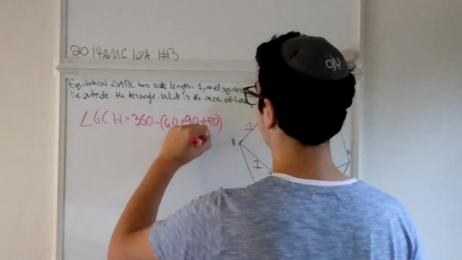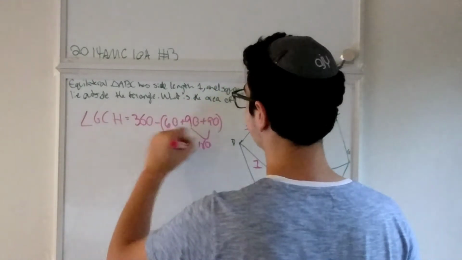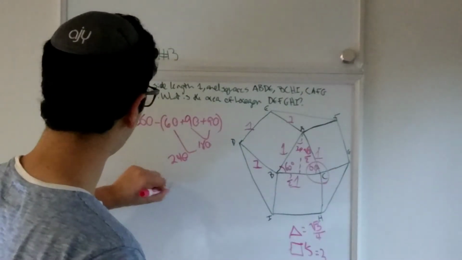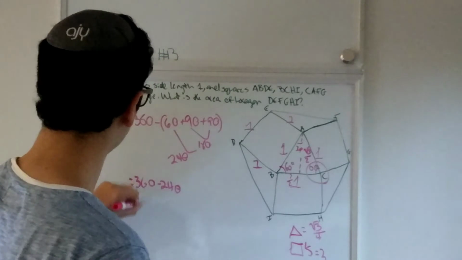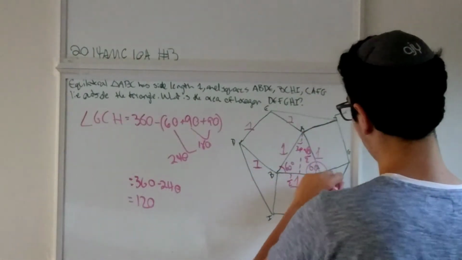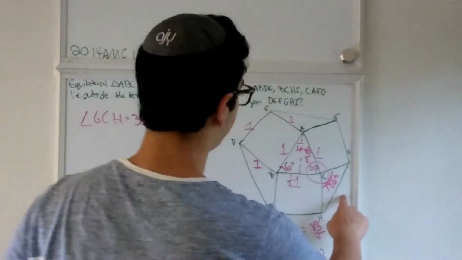So 180, add the 60 to it, you get 240. Then 360 minus 240 is equal to 120 degrees. So this right here is 120 degrees.